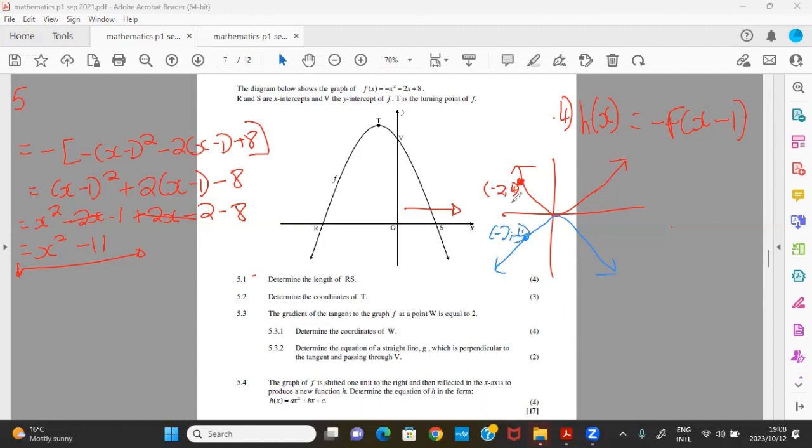So what happened? My x value stayed the same, but my y value changed sign. That's why I was just showing you guys that. And when I change my y value sign, it's just going to be a negative f of x, right? So yeah, that's basically that.